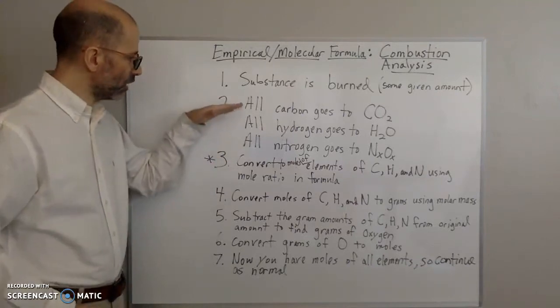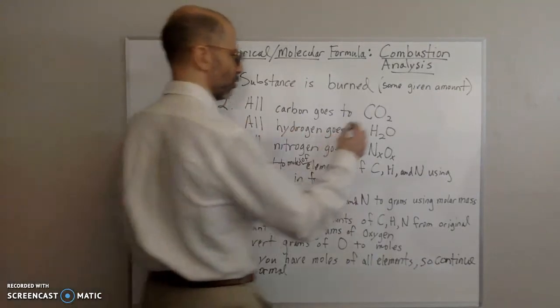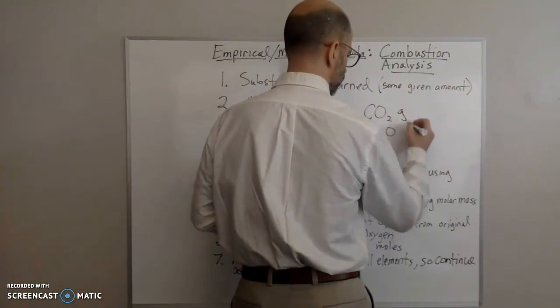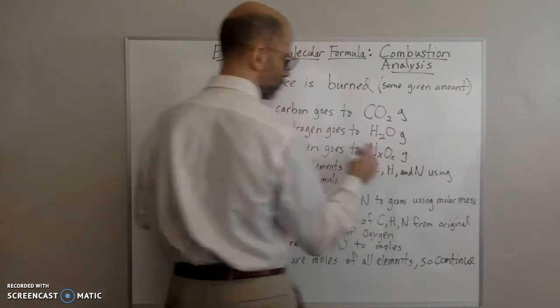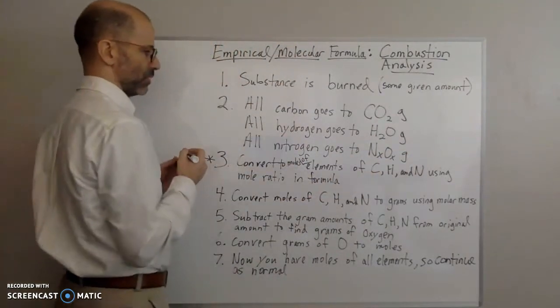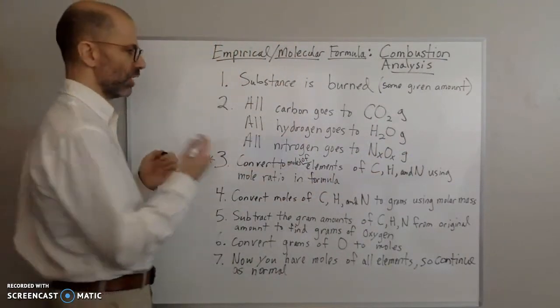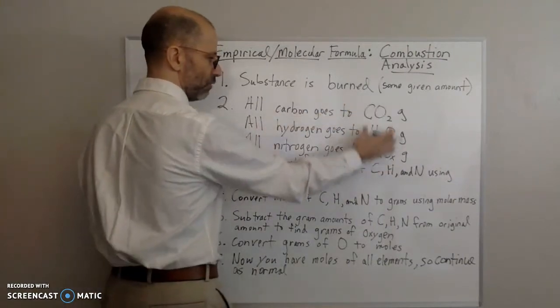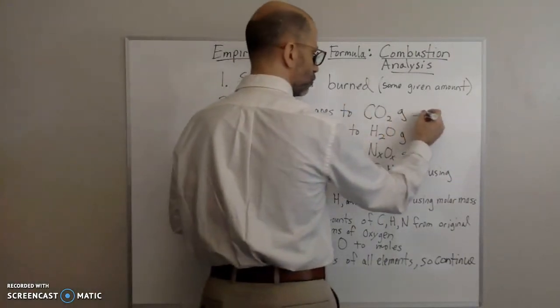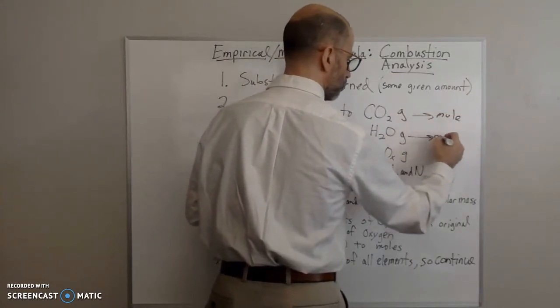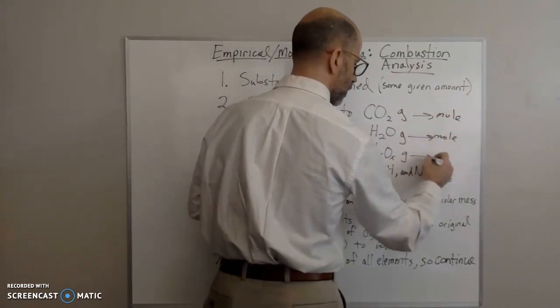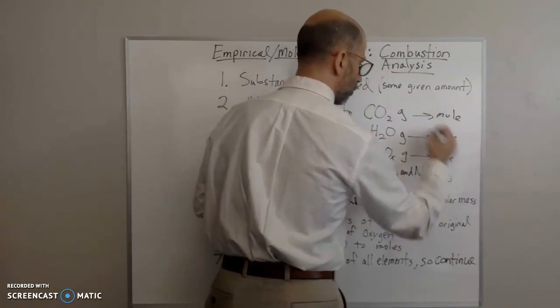So they're going to give you some gram amounts. So they'll give you grams of water and carbon dioxide, or grams of whatever substance. The first thing you're going to want to do is convert the grams of these products to moles, right? So you want to convert these to moles using the molar mass.